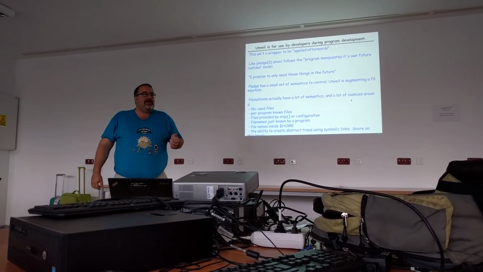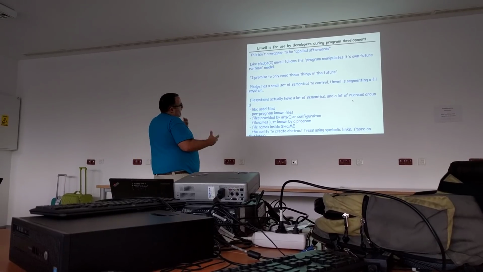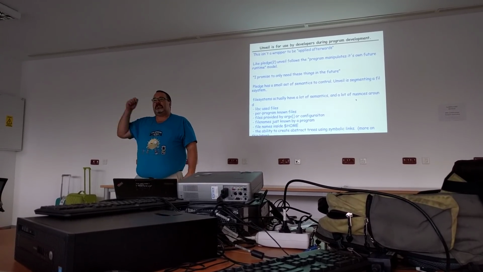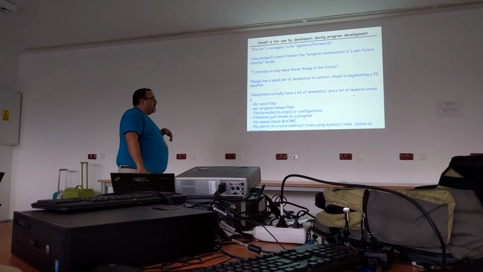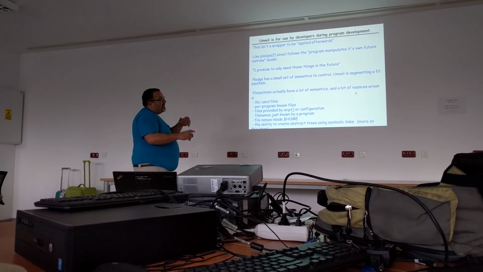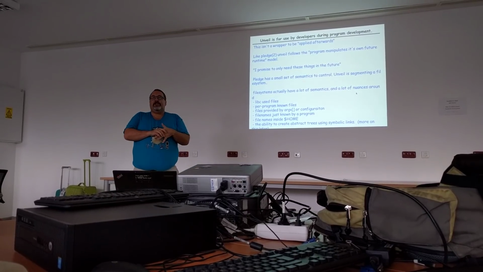libc used files, as we mentioned, ld.so. Per program known files, so hey, this particular program opens its own configuration file and needs to reopen it, or it doesn't need to reopen it later, particularly if it opens it up and puts it in memory, keeps it around, or if it needs to reread it. Files provided by argv or configuration.